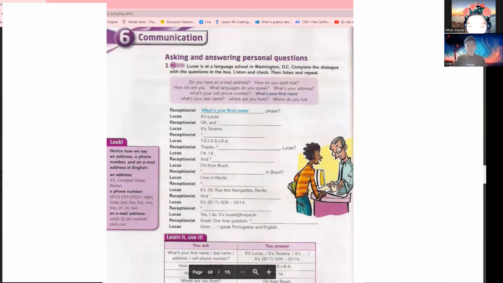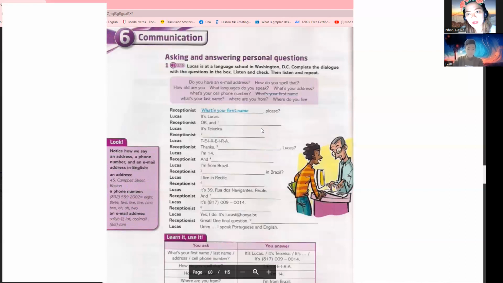So when we say personal question, we are dealing with something related to someone's information. Personal means it is owned by you. It's yours: personal questions or personal information.